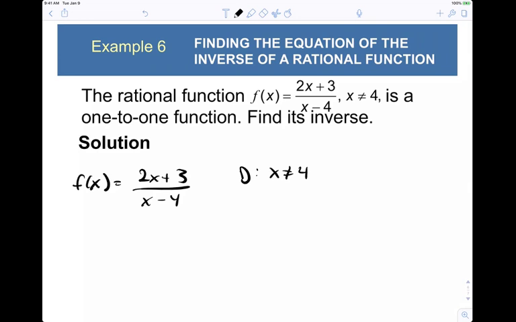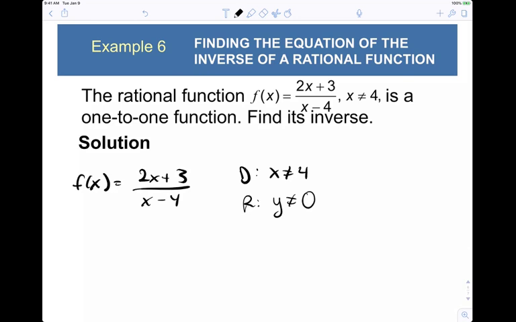I'm just going to tell you for now that the range is y is not 0, the horizontal asymptote. Sorry, 3 over 2. It might cross the horizontal asymptote, because sometimes you actually can't cross it. Let me think about it.